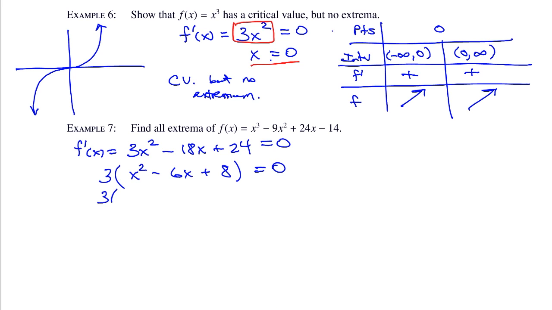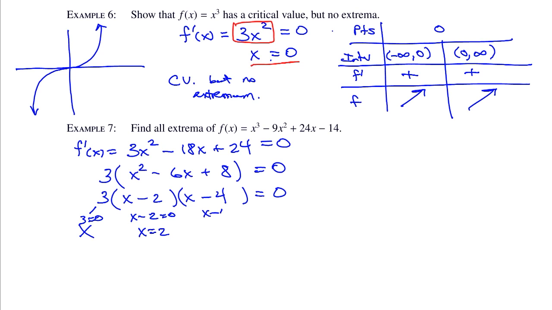Then we're going to factor x squared minus 6x plus 8. And we get x minus 2 and x minus 4. And you would set each of these equal to 0. So 3 equals 0 is no solution. x minus 2 equals 0 is x equals 2.